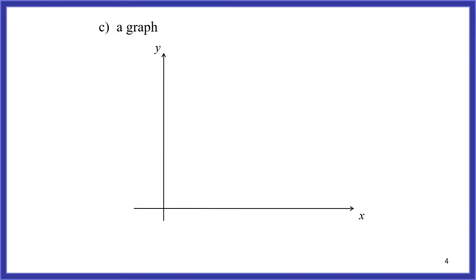So for the graph, what is the x? What is the first value? We know the first value previously is 2 and 4. So we represent the dot as x as 2 and y as 4. And the second one is 5 and 10. And then the third one is 7 and 14.